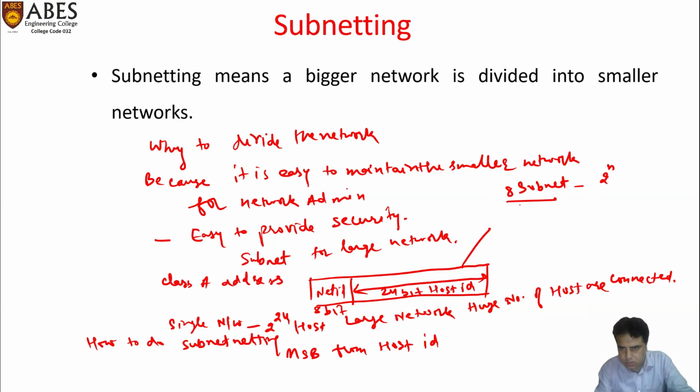To create 8 subnets, we require 3 bits. 3 bits means 2 raised to the power 3, a total of 8 subnets. So we use 3 most significant bits from the host ID.